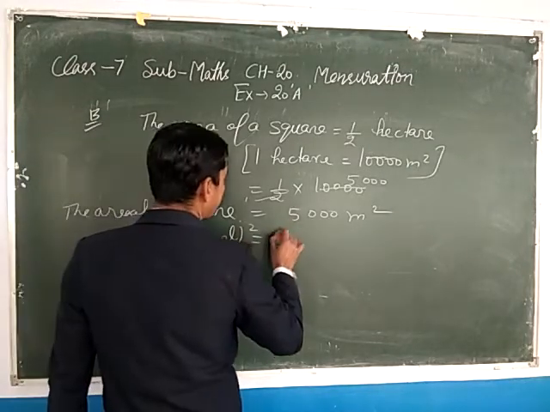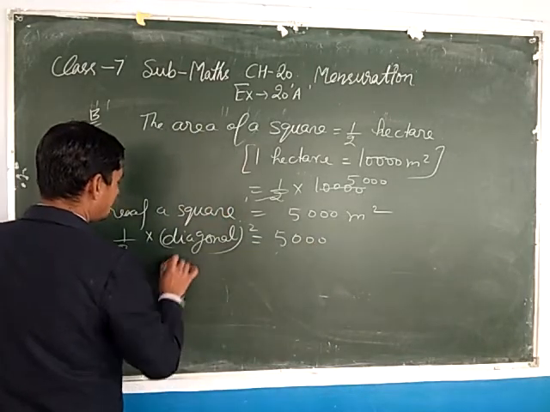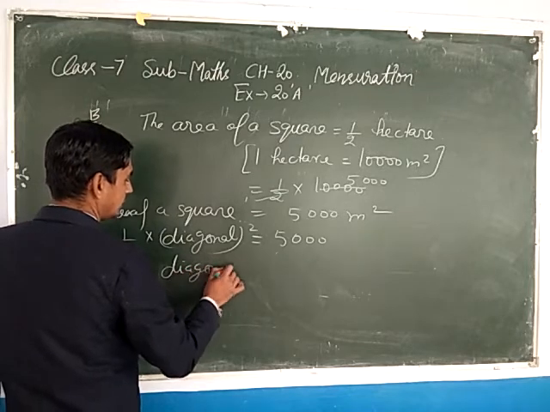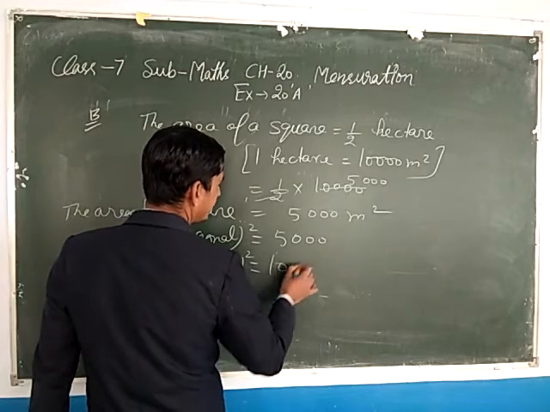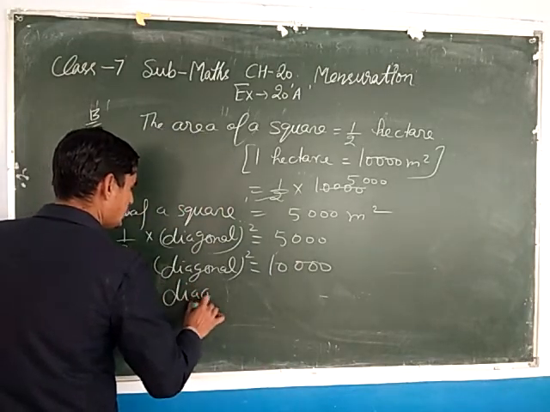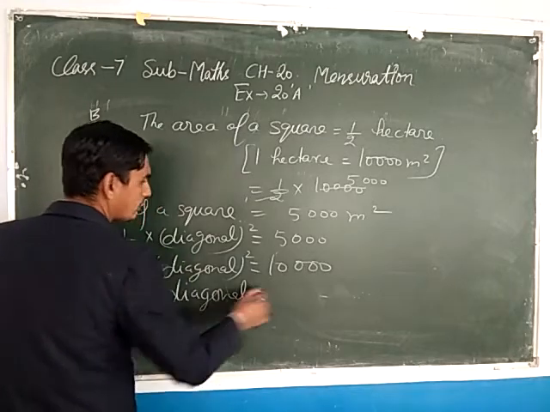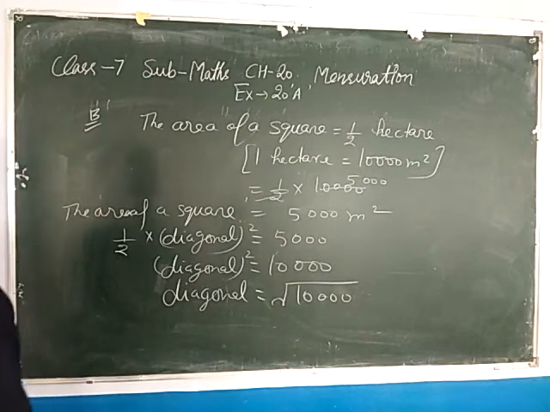This 5,000 as it is, by cross multiply, so diagonal square equals to 5 2s are 10. Okay beta? Then square root, diagonal equals square root of 10,000.